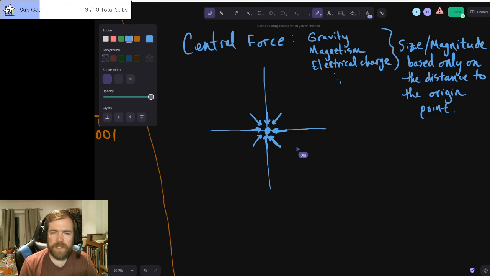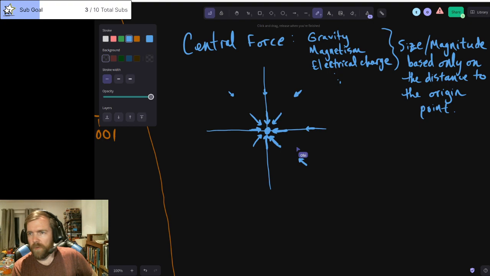Could have a force that looks like this, and then as we move away, this will end up decreasing as the square of the distance. So we end up with a much smaller force as we go away from the central point.